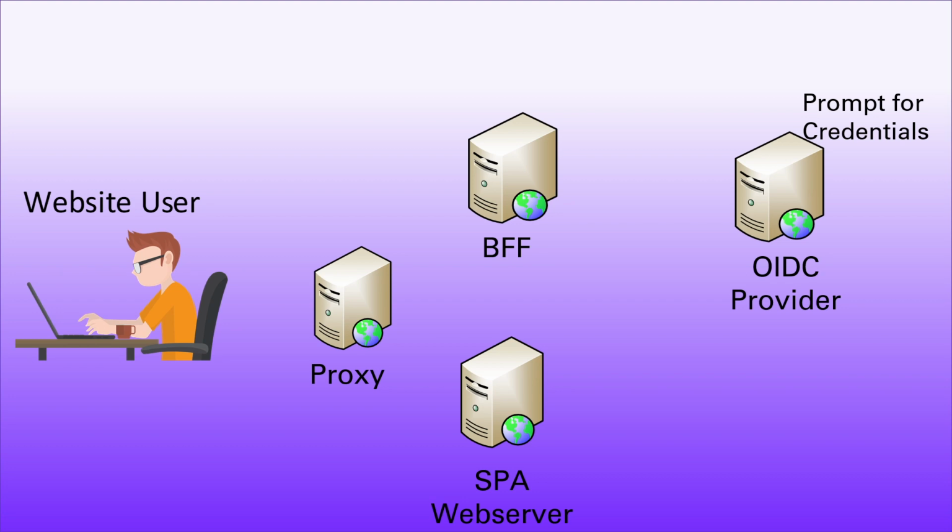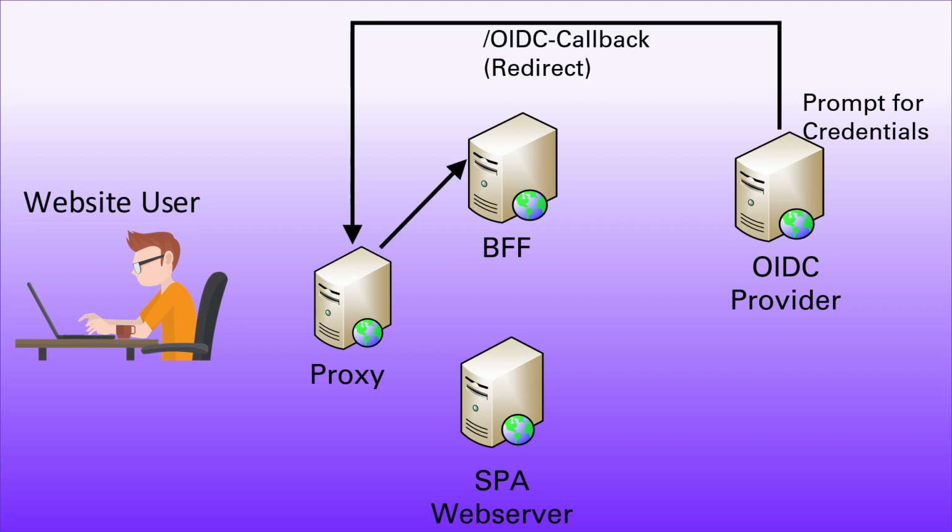So once the user enters their credentials, the OpenID Connect provider makes a callback API call. So again, it redirects the user's browser and makes a call back to the BFF on the OpenID Connect callback. So whatever you've configured that to be. So in this example, it's /oidc-callback. The user's browser will call that particular API.